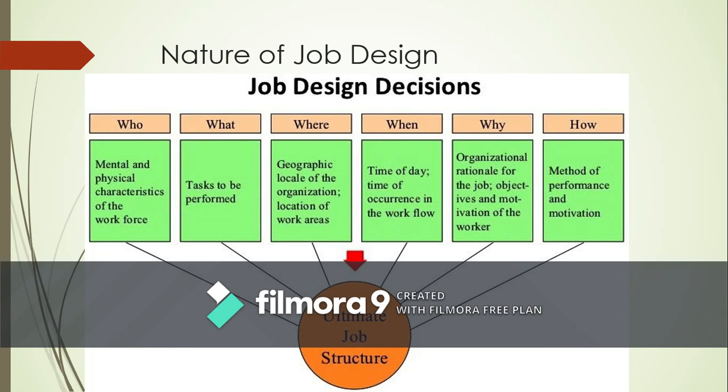That is to be decided in job design. When: time of the day, what are the timings, what are the shifts, and the workflow, where does the time of occurrence start. If a product is passing through various stages, at what time in the workflow the work is required.